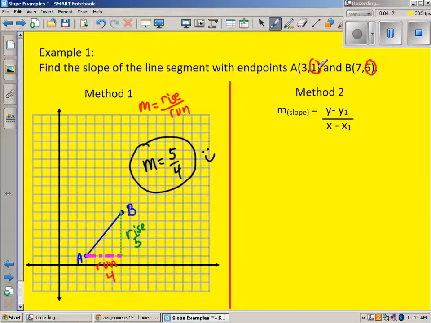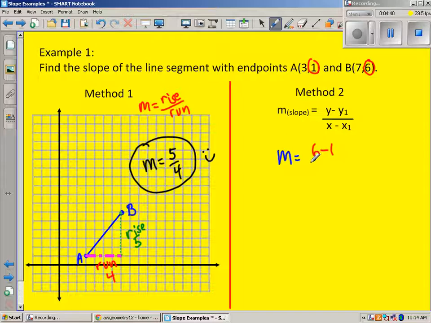So to find my slope, I am just going to subtract the y values, and I always say with the y values, pick the one that makes the most sense. Which would be better to subtract from one another? Is it better to subtract 6 from 1, or is it better to subtract 1 from 6? I like subtracting 1 from 6, so I'm going to do 6 minus 1.